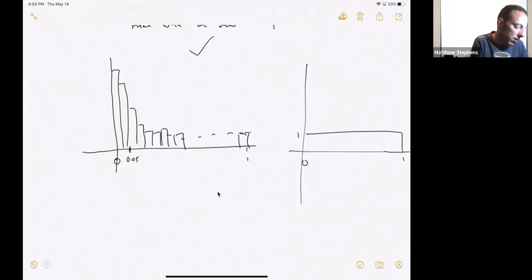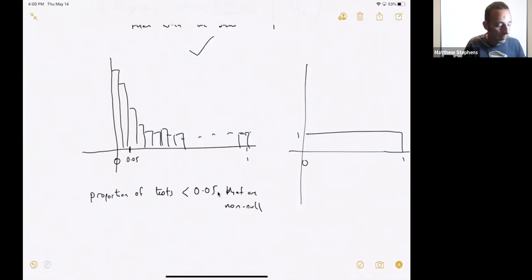So what's the proportion of tests that are less than, say, 0.05 in this case, that are non-null? And loosely speaking, it's not quite a precise definition, this is referred to as the false discovery rate.